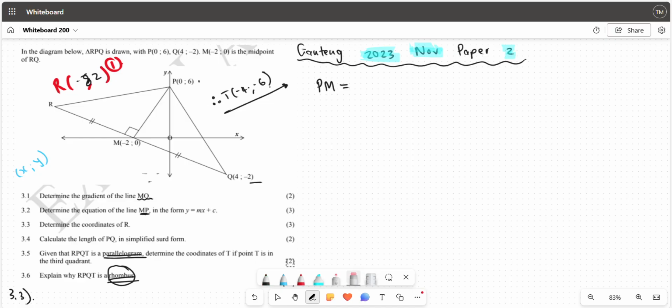And why do I need the height? Because to calculate area, we need half the base and we need the height. So once we're done with PM, we need to also calculate RQ, which is our base of the triangle. So let's calculate PM. PM, again, distance formula, x2 minus x1 squared, y2 minus y1 squared.